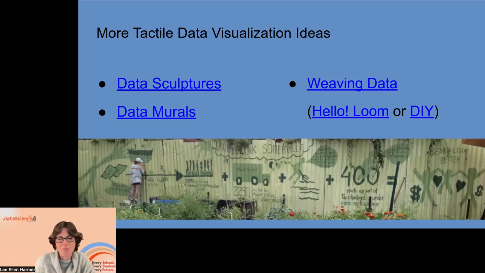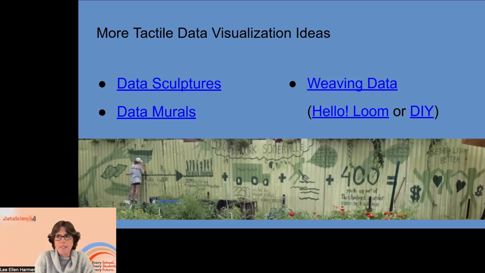And then finally, weaving data is another fun approach to visualizing data. This link above is just one example of how this can be done. And you can work with cardboard looms to weave your students' data.